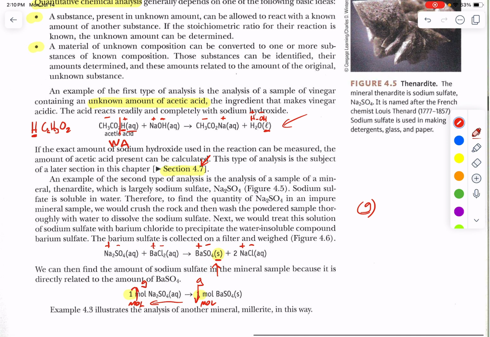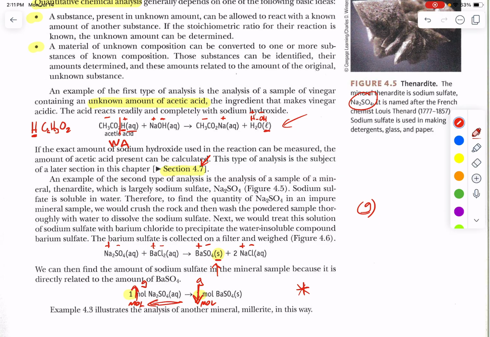And the sodium sulfate is talked about up here. It's in the mineral thenardite, named after a French chemist named Thenard. And you can see that if you get this impure mineral, thenardite, and you use this technique right here, you put your sample in a solution with barium chloride and you react it, and then you get your precipitate of barium sulfate, and you do the grams to moles, to the right, to moles, and up to grams, you get your grams of sodium sulfate.